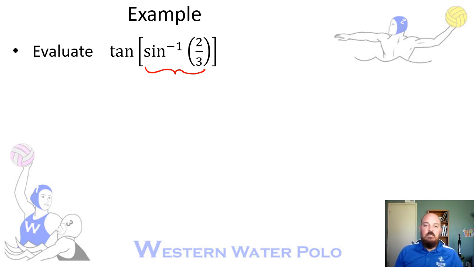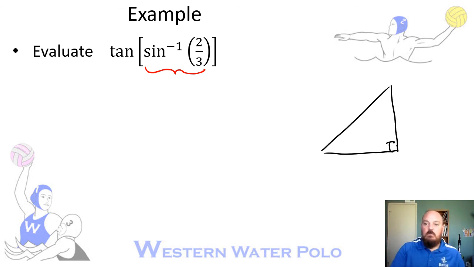I'm going to say, basically, this is telling me for what angle does sine equal 2/3. If I drew that as a picture in a triangle, here's my angle, I'll call it theta, and I'm telling you that basically sine of that angle is 2/3.